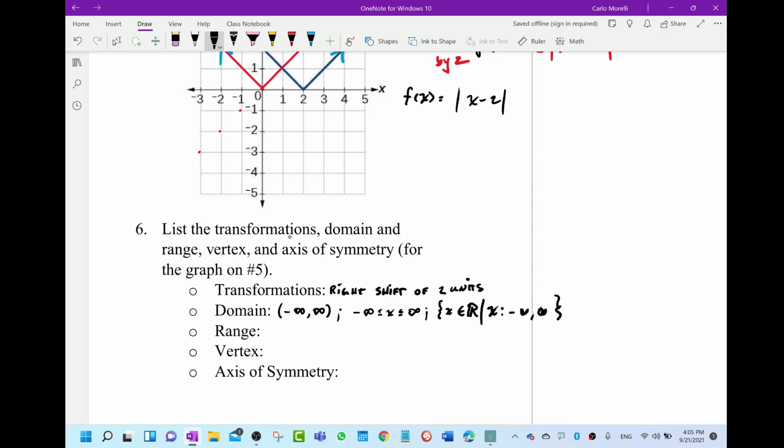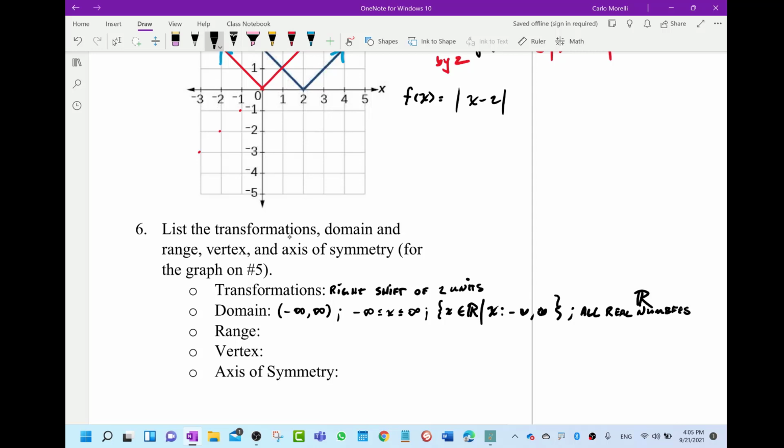You can just choose one way to write that. Or I guess you could have also just written all real numbers. And that's what that R means. So all real numbers, this is the symbol R.